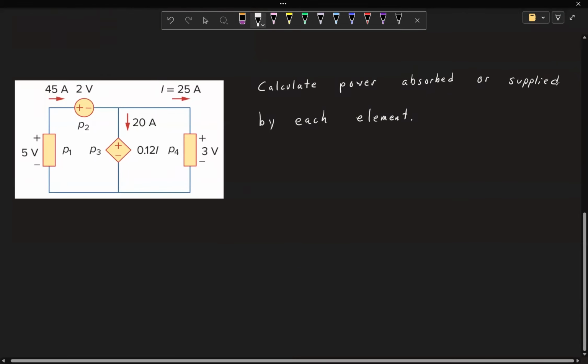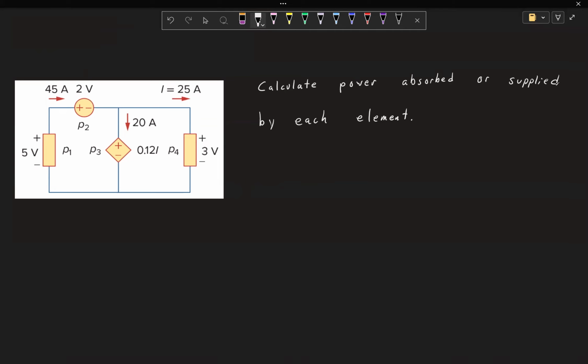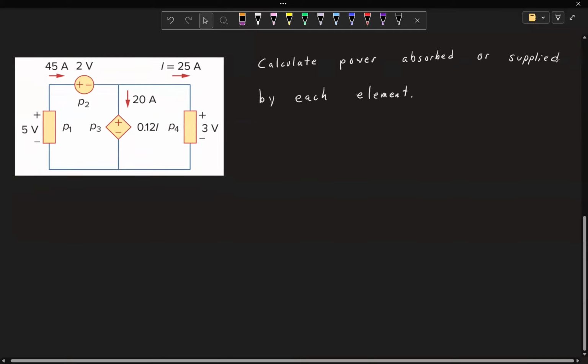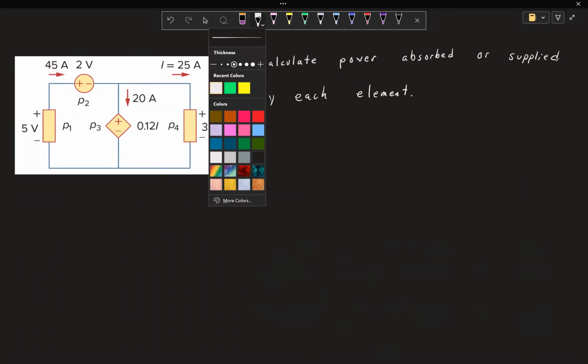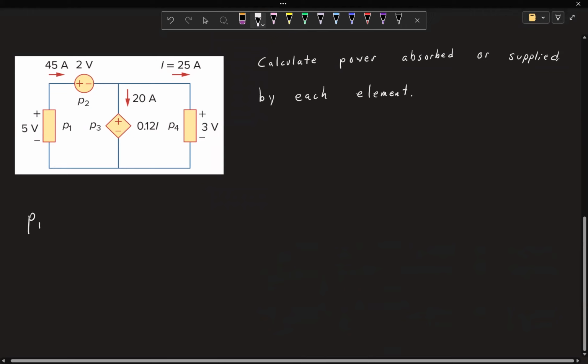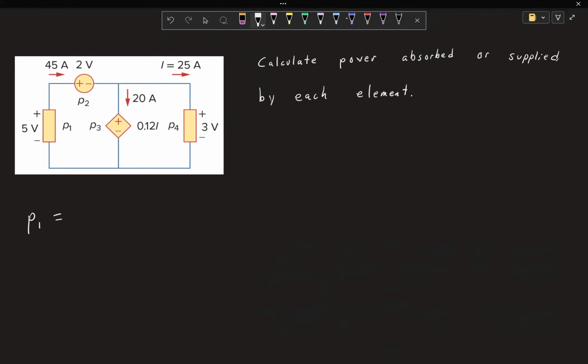Let's calculate the power absorbed or supplied by each element. So now we can just start at the first one. P1 equals, let's see, here is element 1, and it has 45 amps going through it, and it's passing through the negative terminal.